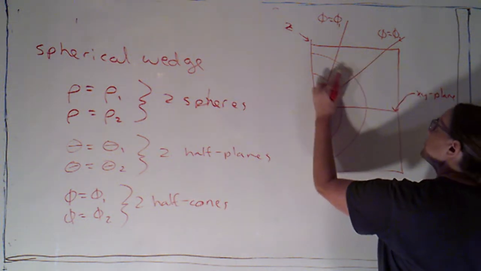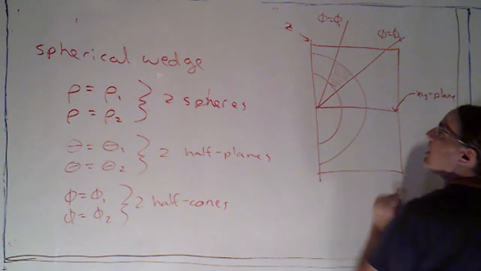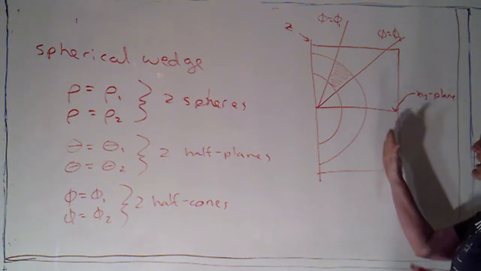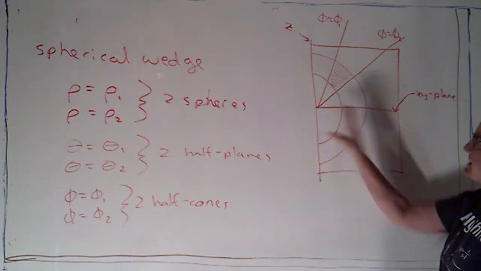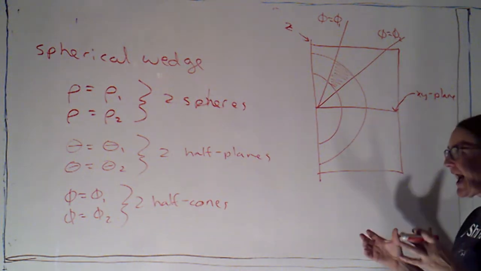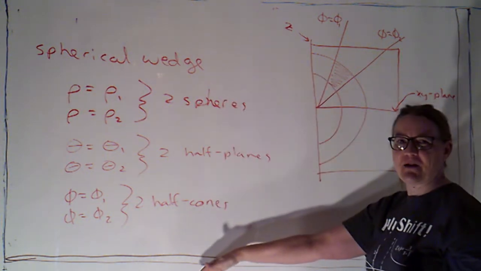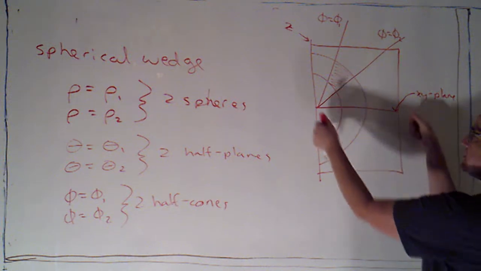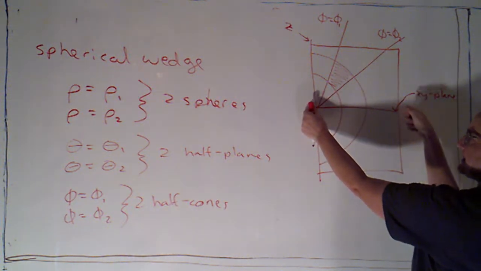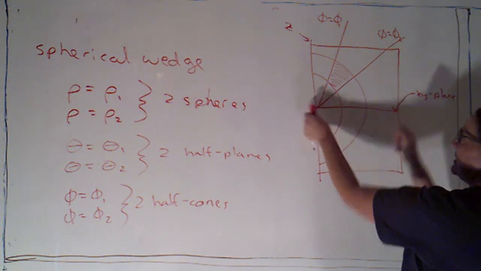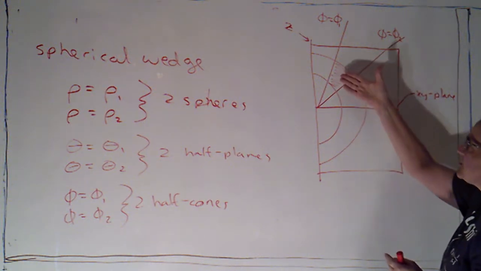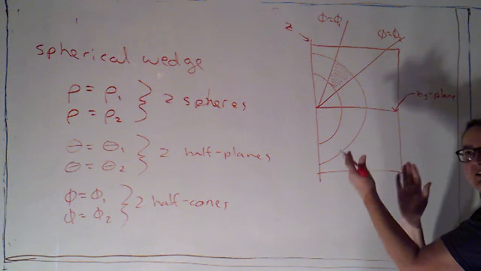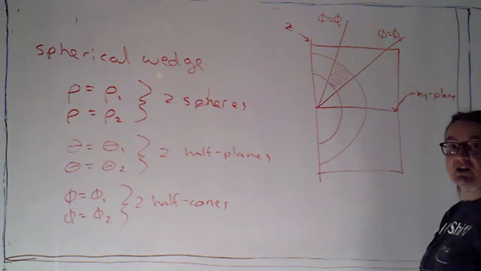So this is the cross section of my spherical wedge in just a single theta half plane. So this is taking into account 5 of the 6 boundaries that we'll have. And what we're going to do then is basically take this half plane and rotate it. It's not quite the same as extruding this shape. It's rotating that shape just a little bit as we allow theta to change.